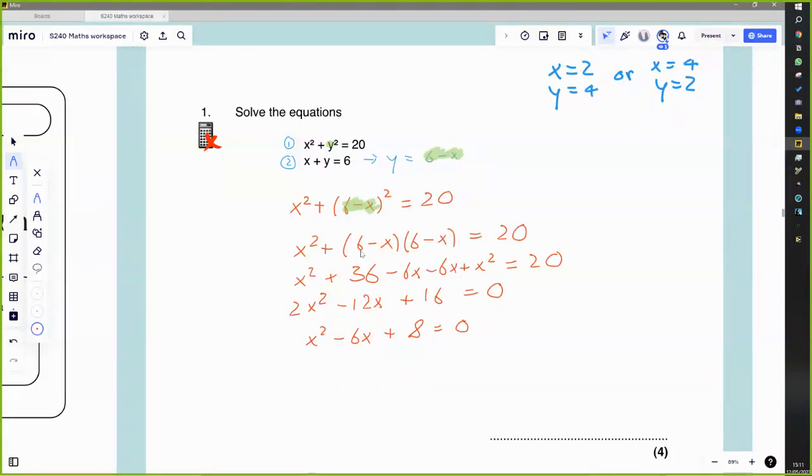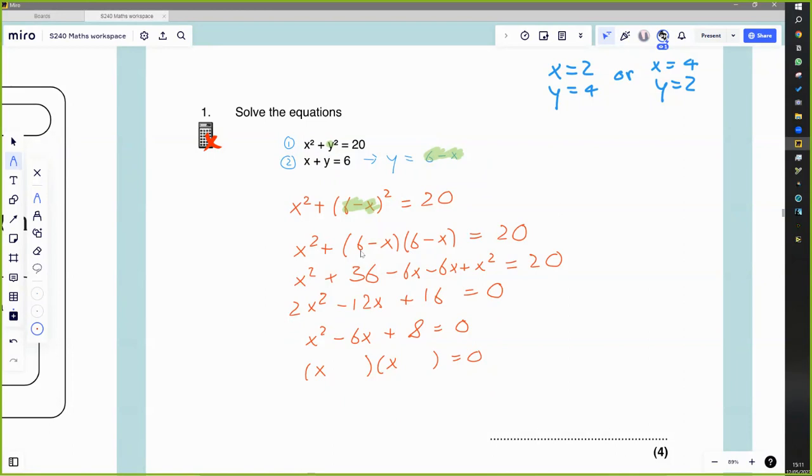So now we know we're going to factorize this to be able to solve it. We're going to end up with this, with something plus or minus something here, and plus or minus something here. The x's will multiply to give the x squared, so that's good. The numbers on this side will multiply to give 8, but they're going to add together to give minus 6. So we need two numbers that multiply to give 8 and add to give minus 6.